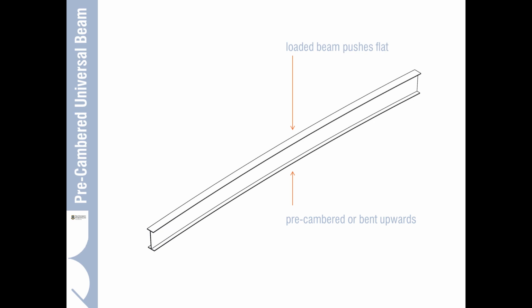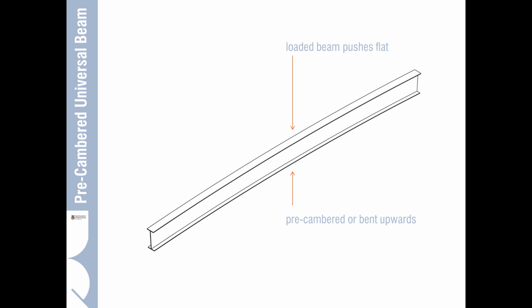The logic of this is that steel is a very stiff and very predictable material, which means that we can figure out the dead loads of a building and bend the steel elements upwards a little bit, and then fix the rest of the construction on top of that, with the view that once the load comes onto it, the beam will then flatten out.